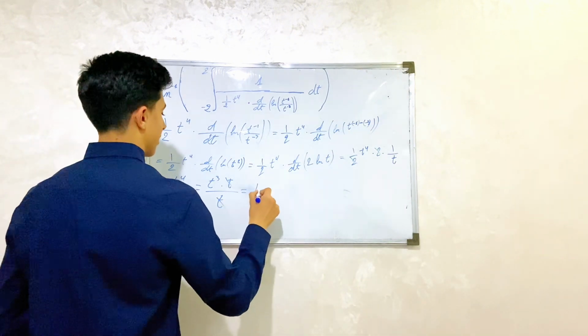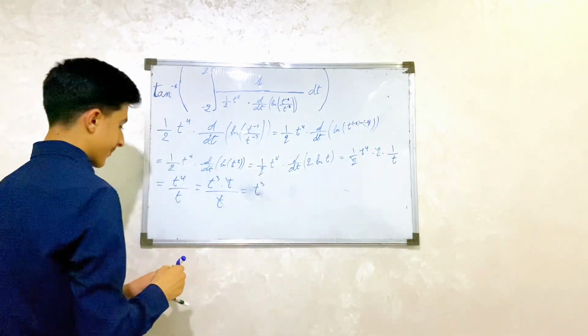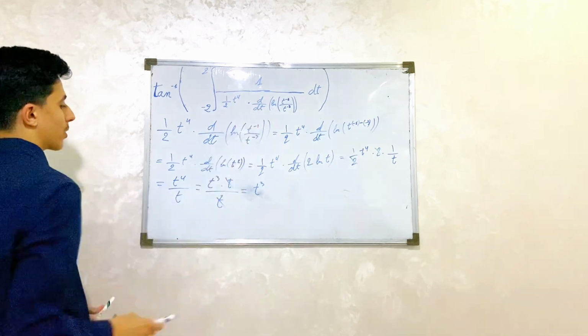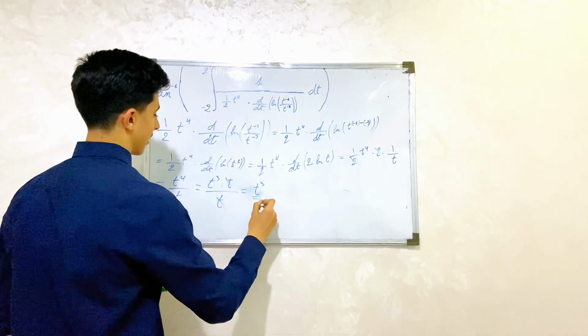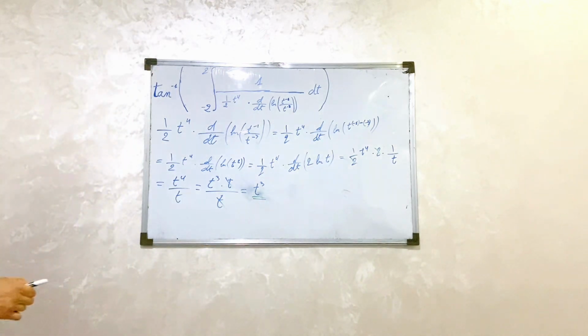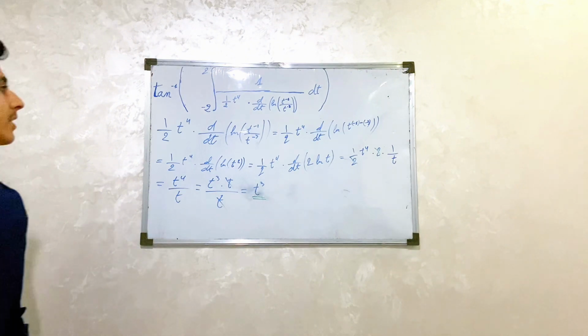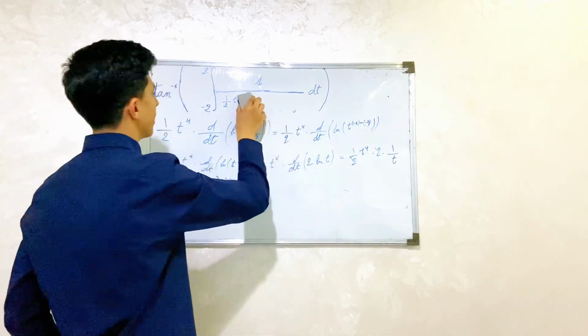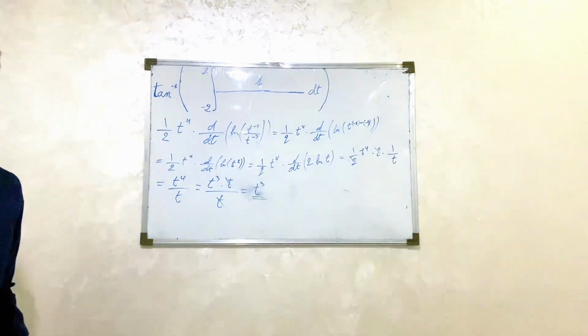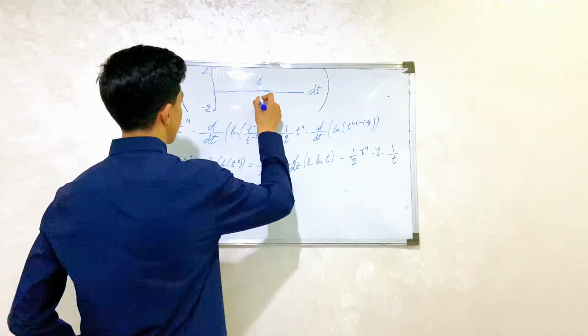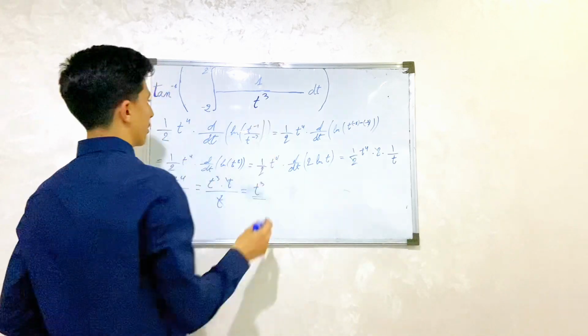We are left with t to the 3rd power, which we can rewrite here. Okay, we are going to erase this part right here and replace it with its new value, which is t to the 3rd power.